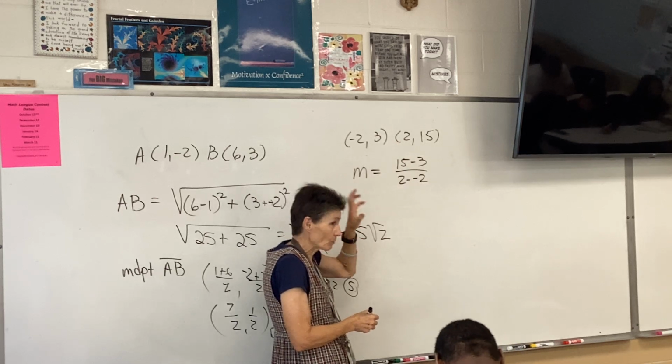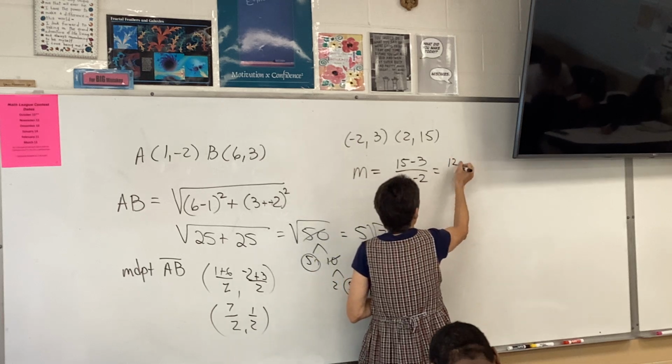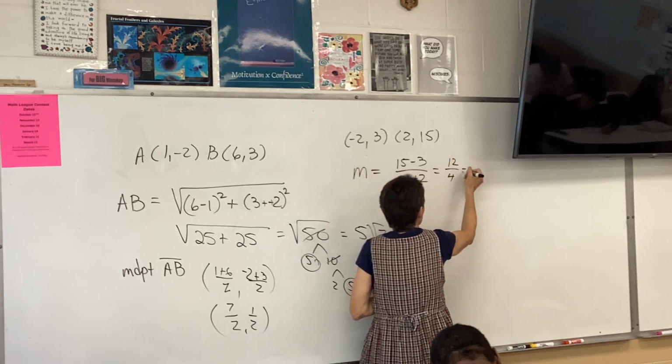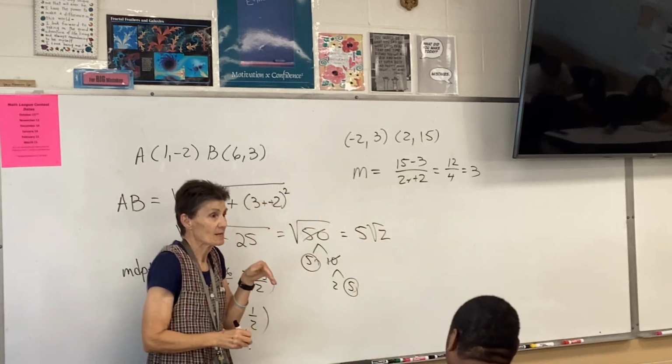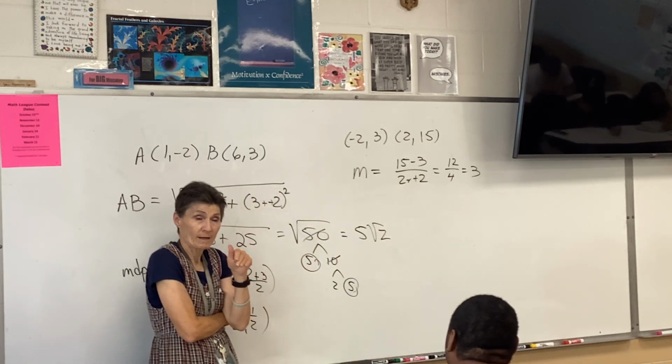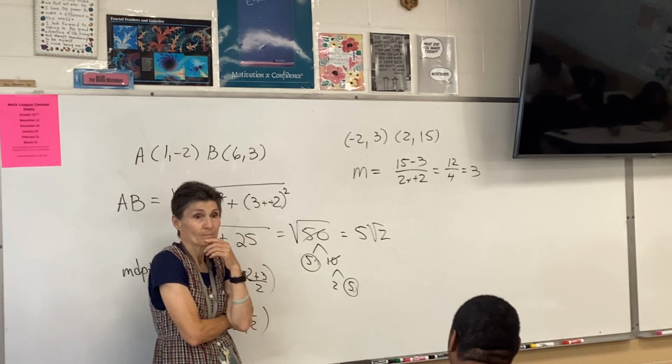Doesn't matter what the order is, but they have to be the same. All right, so it looks like I got 12 over 4. Did you get 3? Yeah. This is not the answer to the question. This is step 1.